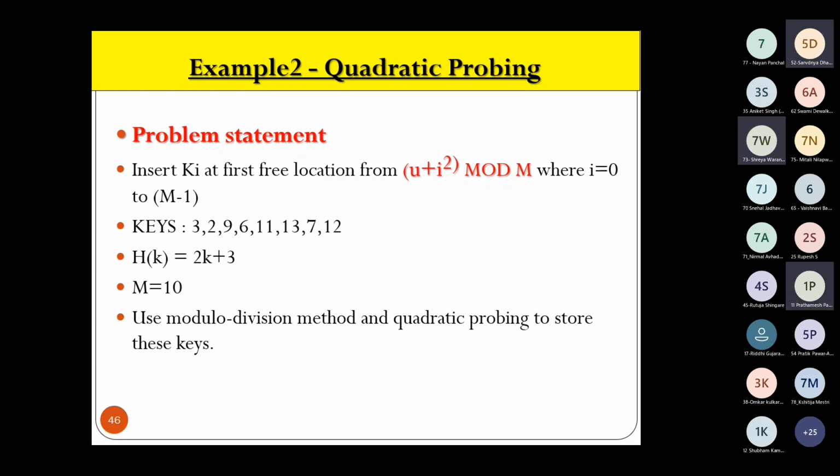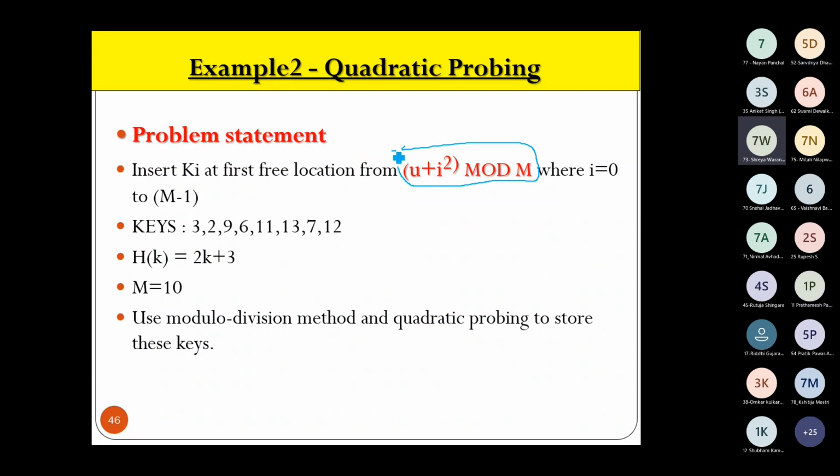First find whether a collision occurs at the address you get through the hash function. If no collision, that address can be used directly. If collision occurs, then you have to do the probing using quadratic probing.